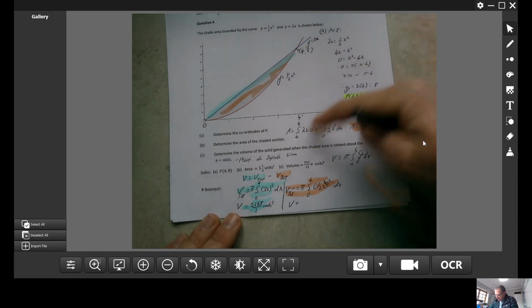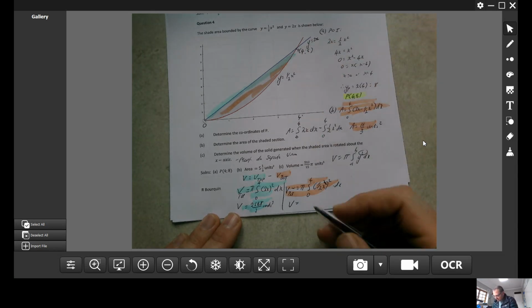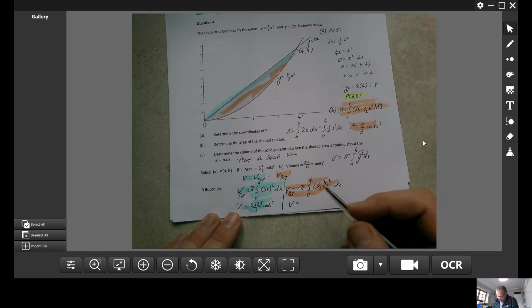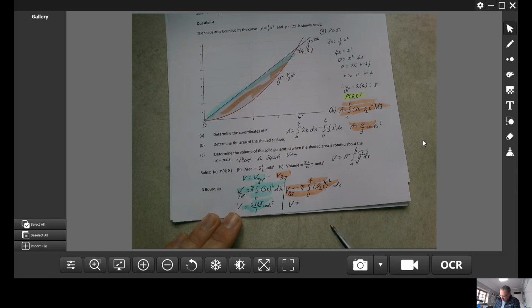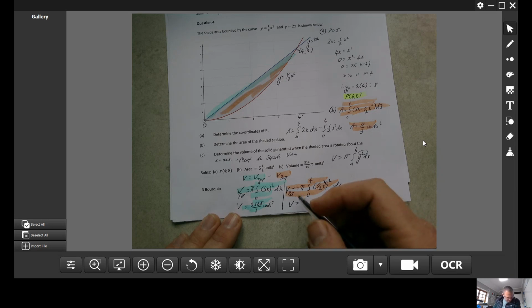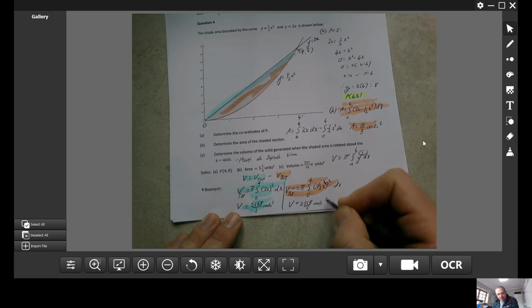So you can take the top volume minus the bottom volume. For the bottom one, you should get 256 pi over 5 units cubed.